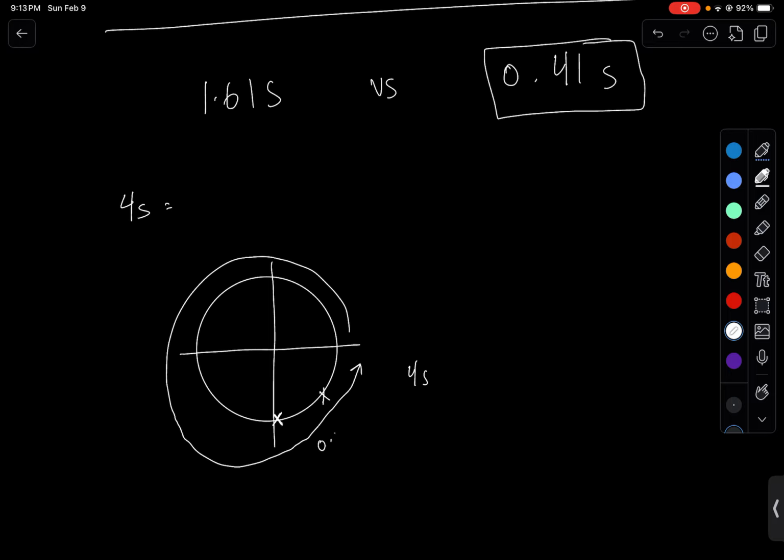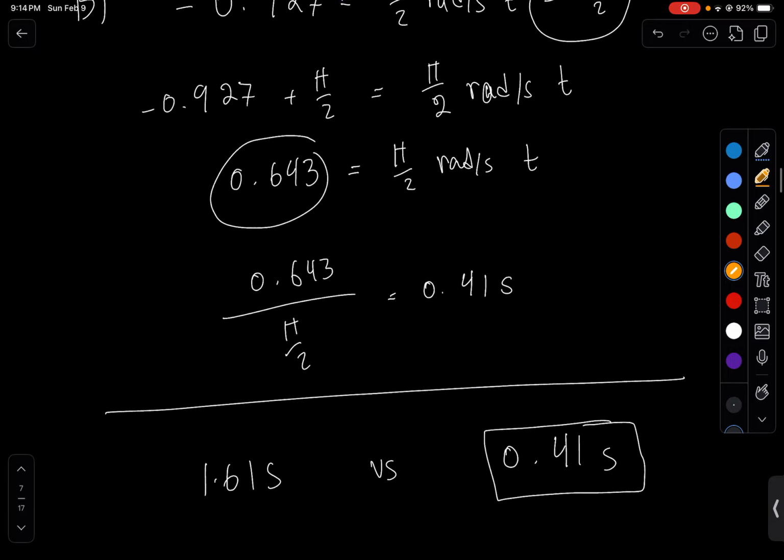It's just 0.41 seconds, but 1.61 is a huge number. It's almost like we moved from here to somewhere over here. So 0.41 seconds is the answer to this question.